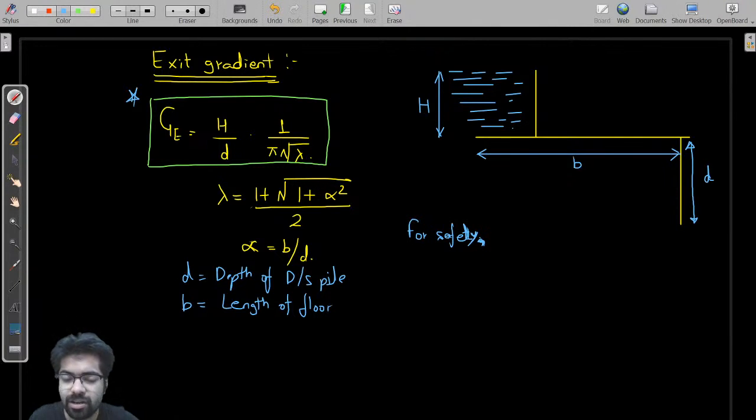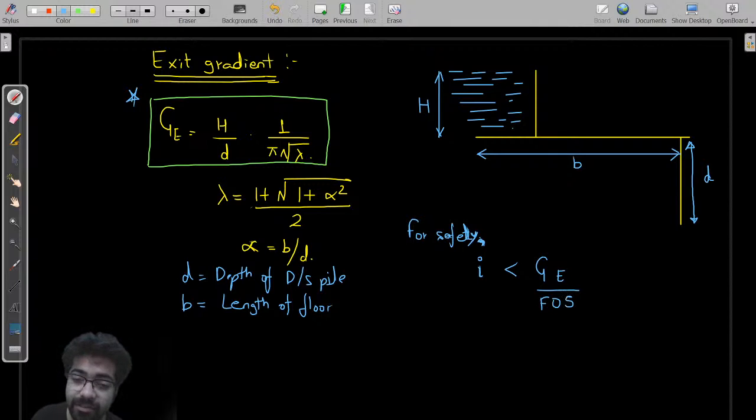Suppose the hydraulic gradient which is actually existing is I. It should obviously be less than the exit gradient, but the exit gradient should be divided by a factor of safety, so that I is definitely less than this value.